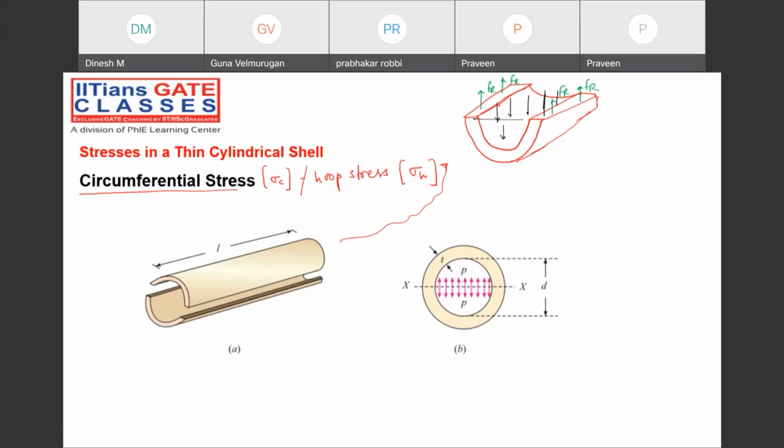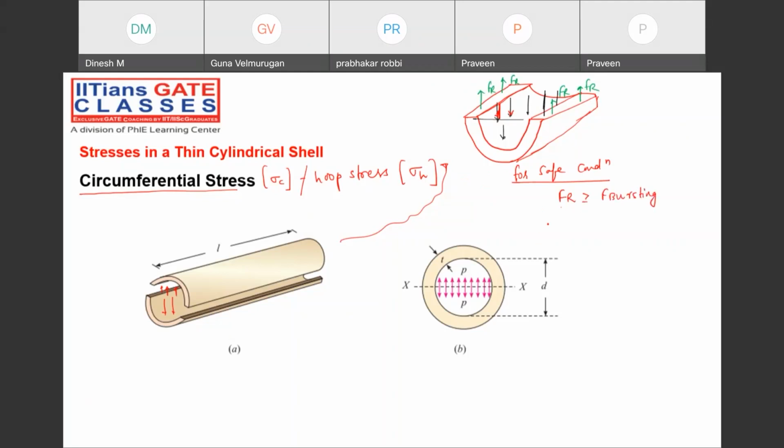But the red color which I am showing you right now is the bursting force because of the internal pressure of the fluids. So for the safe condition of this pressure vessel, at least this resisting force must be more than or equal to the bursting force.